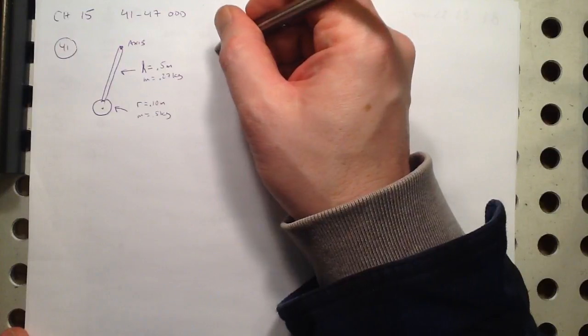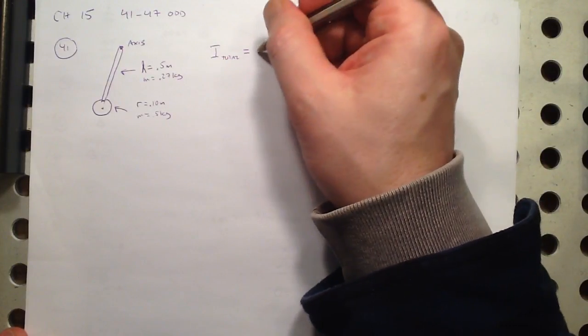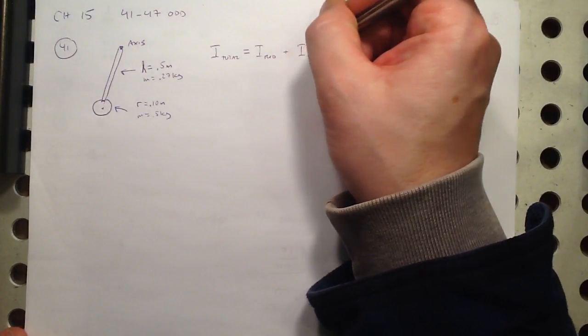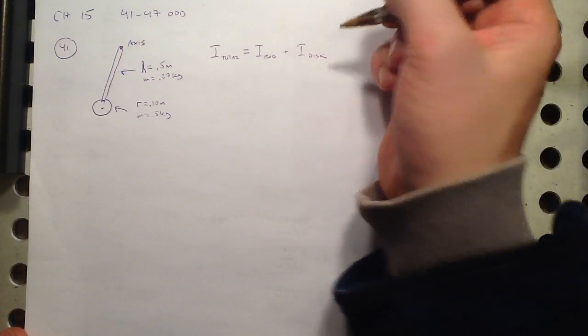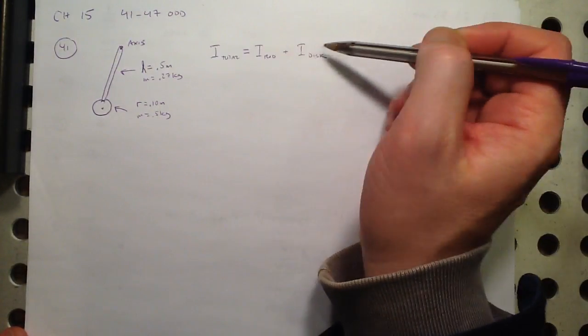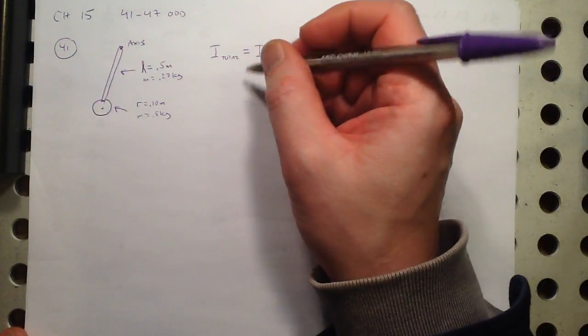So let's see. The total rotational inertia is equal to the rotational inertia of the rod plus the rotational inertia of the disk. I think it's important to write that out. In a free response question, it's likely there's a point attached to recognizing this.